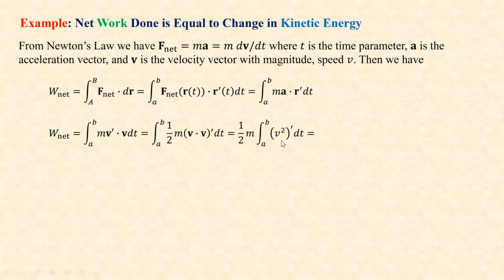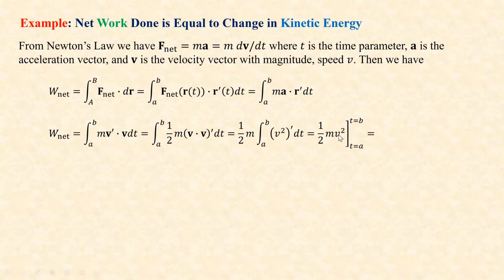v squared prime is basically the rate of change of v squared with respect to time, then times dt. So this is d(v squared)/dt times dt. It becomes d of v squared. So the integral becomes just v squared, or the integral of a derivative becomes the function itself, right? So we have 1/2 m v squared, and then evaluate that between t equal to a and t equal to b.